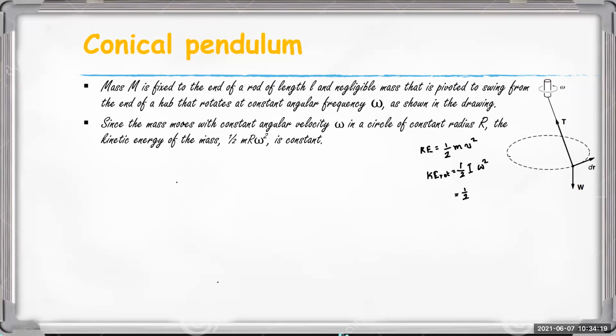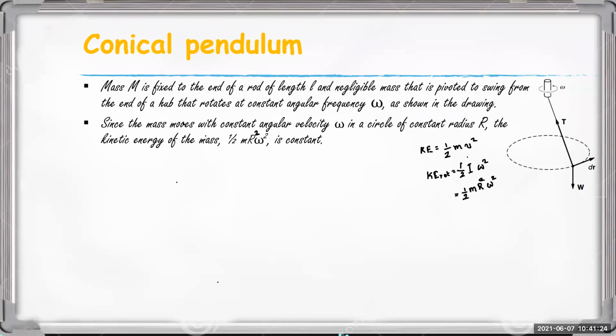If the radius is r and the mass is m, then I is equal to m r squared. So kinetic energy is 1 by 2 m r squared omega squared. Here there was a typing mistake, it is r squared.